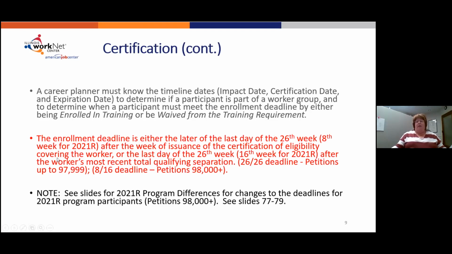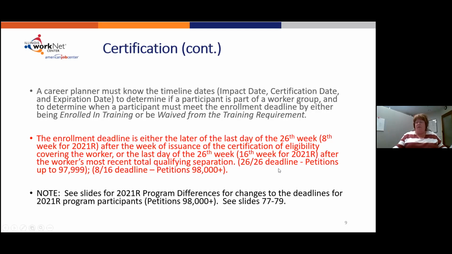So this is kind of a confusing statement, but this is exactly how it is. The enrollment deadline is either the later of the last day of the 26th week, and for 2021R folks, it's the 8th week after the week of issuance of the certification of eligibility covering that worker, so that certification date of that petition, or the last day of the 26th week or the 16th week for the 2021R participants after the worker's most recent total qualifying separation.